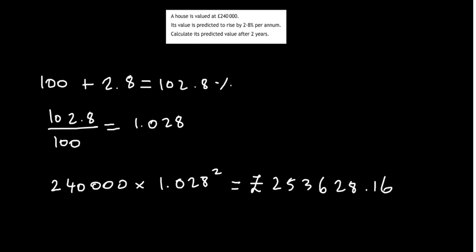And that would be the predicted value after 2 years. So this is called the factor of increase. Just label that.